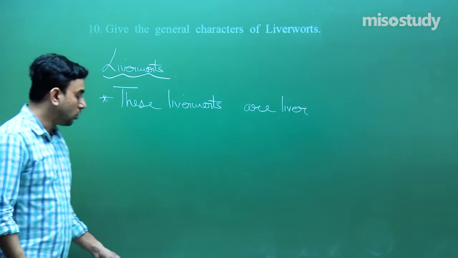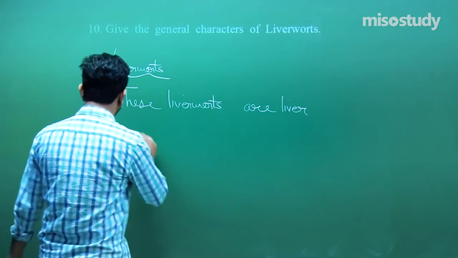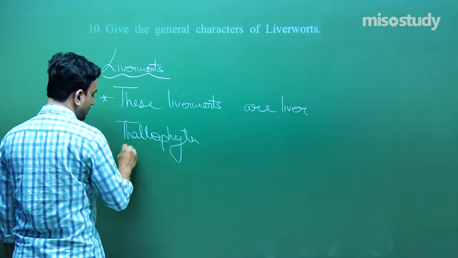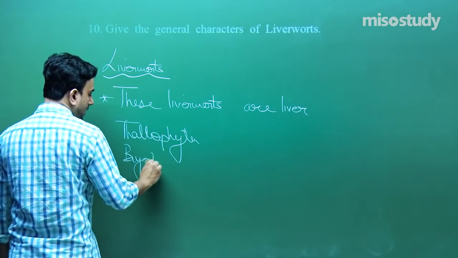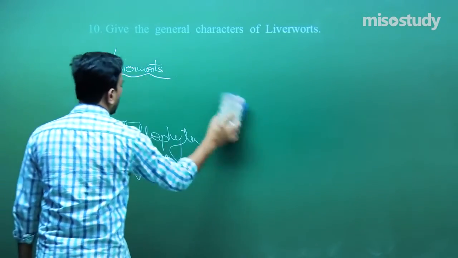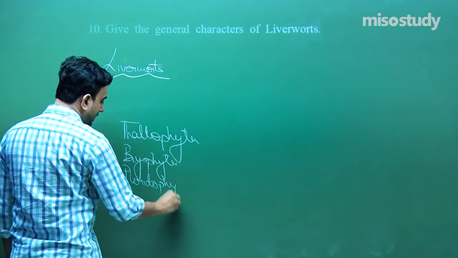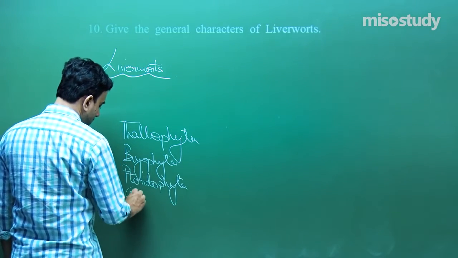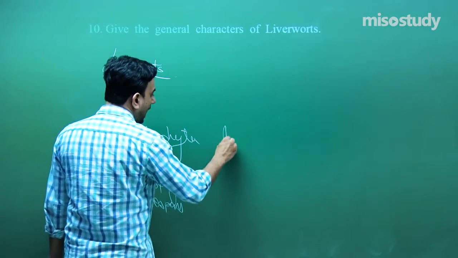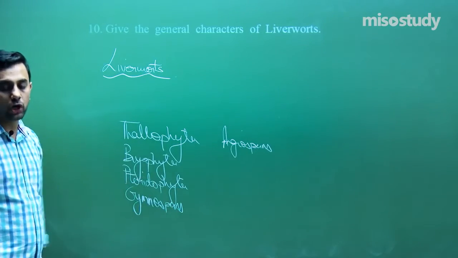Why are they so called? When we are talking about the thallophyta, the bryophyta, the pteridophyta, the gymnosperm and the angiosperm, where do these come? Think about this, and we will discuss this question just after a short break.